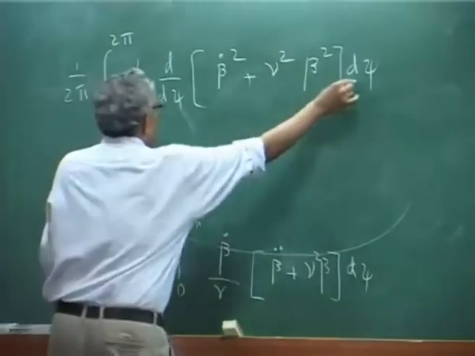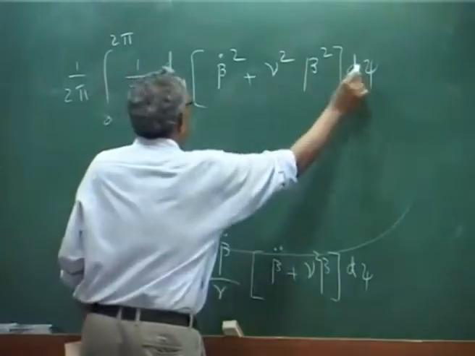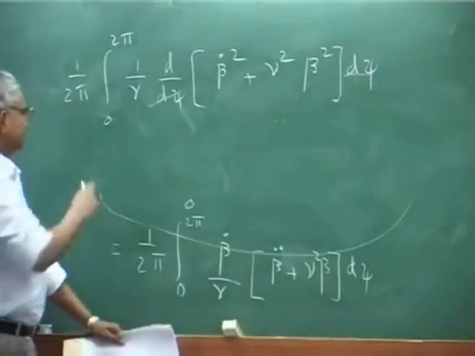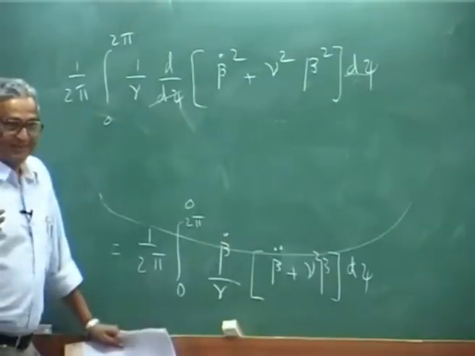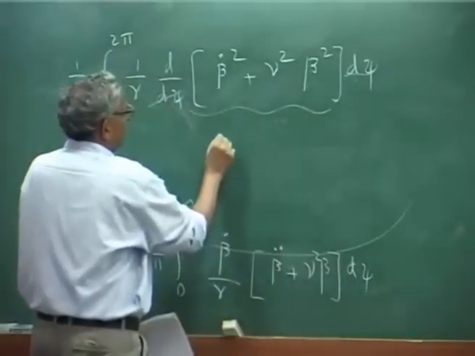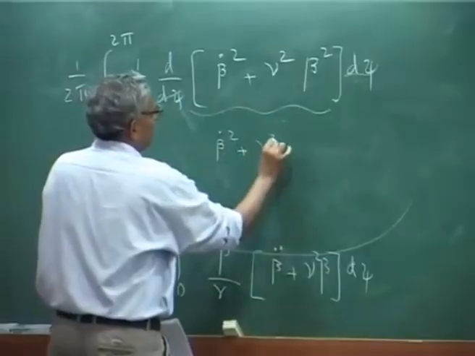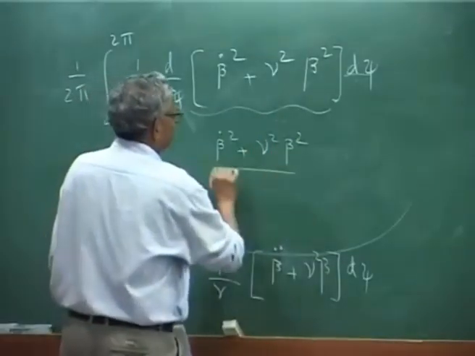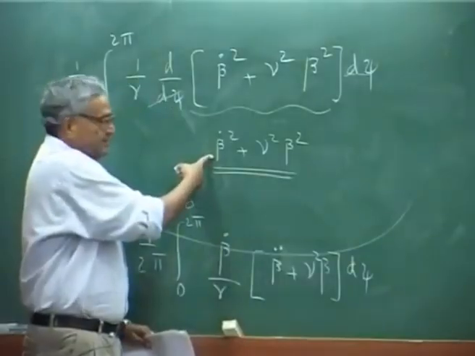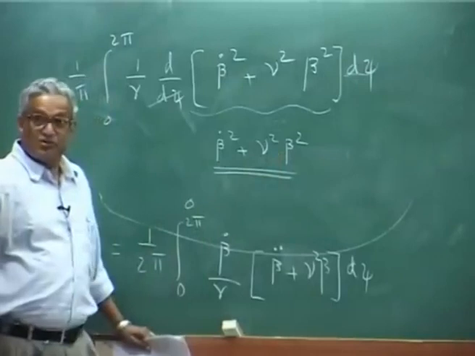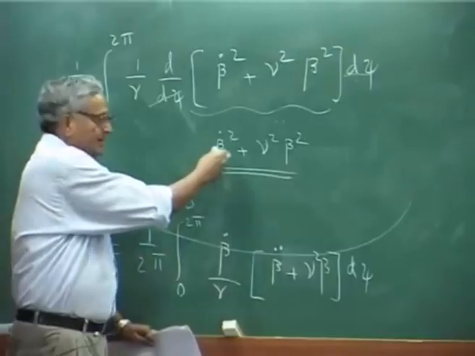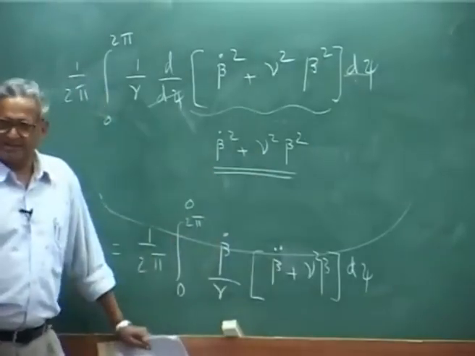And since this is a differential of some quantity which I am integrating from 0 to 2 pi, this is a velocity square, this is a position deformation square, like a kinetic energy and a strain energy, position square.